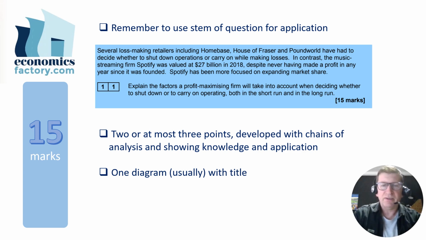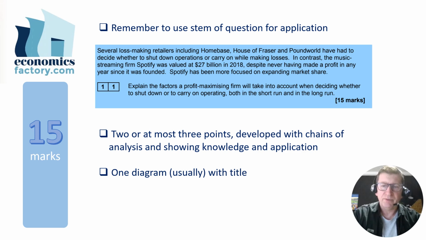So here we're looking at factors that firms might consider when they're thinking about whether to shut down in the short run, and notice that word "and" again, and in the long run. You might be struggling for examples with this one, except the stem of the question gives you them. So the stem of the question mentions Homebase, House of Fraser, Pound World. All firms have been facing these decisions in recent years.